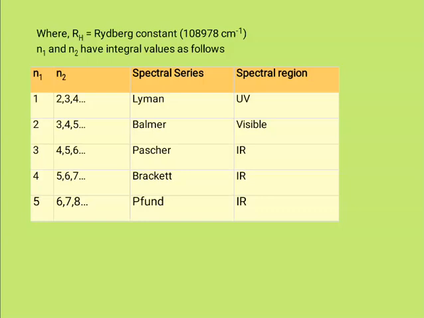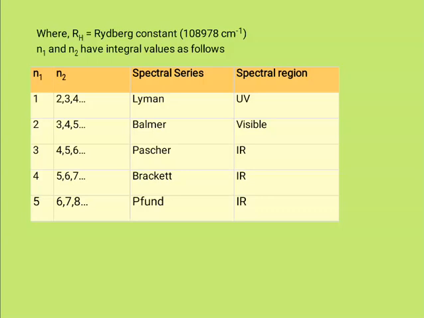When n1 is equal to 2, meaning an electron jumps from any shell to the second shell, all the lines corresponding to this series lie in the Balmer series, which lies in the visible zone of the electromagnetic spectrum.